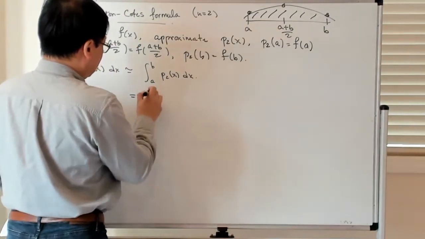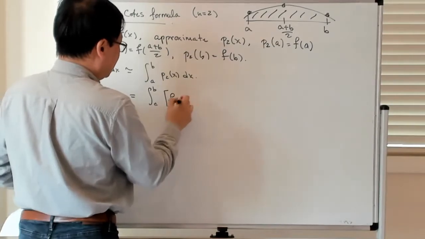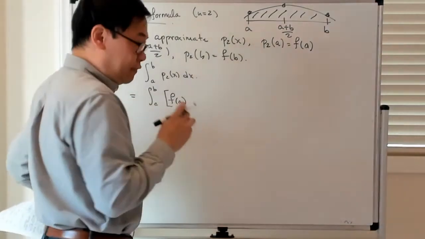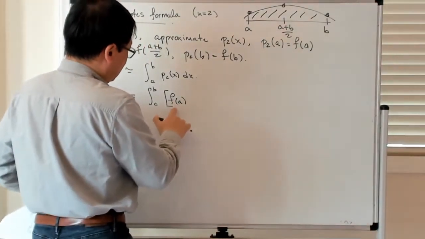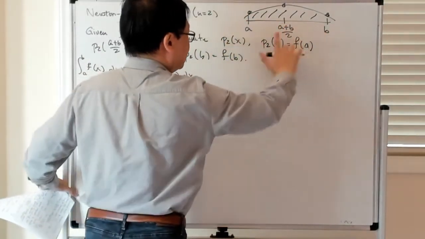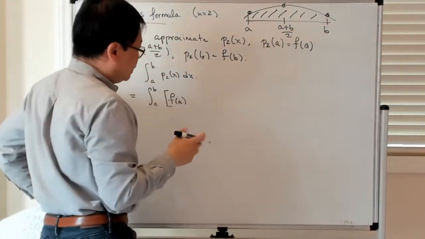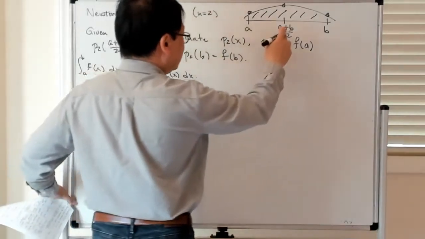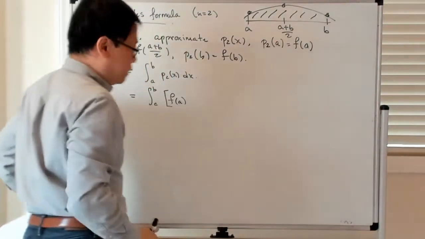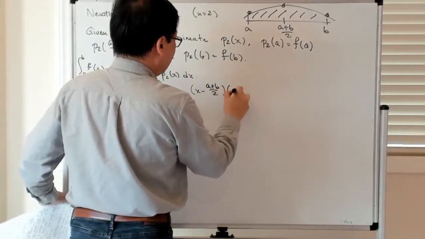That's the integral from a to b of f at a times the Lagrange polynomial associated with that point, which, if you recall, has value 1 at a and 0 at the other 2 points. Since it has 0 at the other 2 points, you know that it is the product of two linear factors, one with a root at a plus b over 2 and the other with a root at b. So that's x minus a plus b over 2 and x minus b.